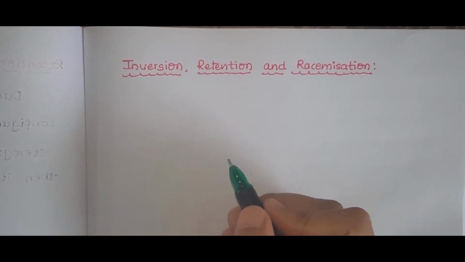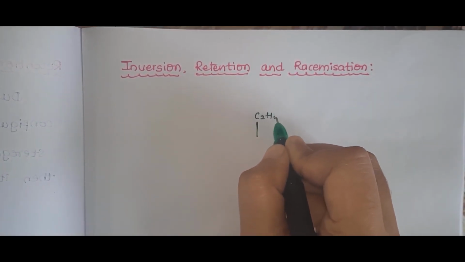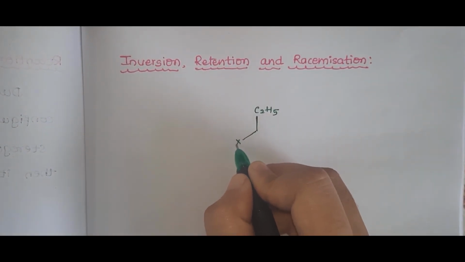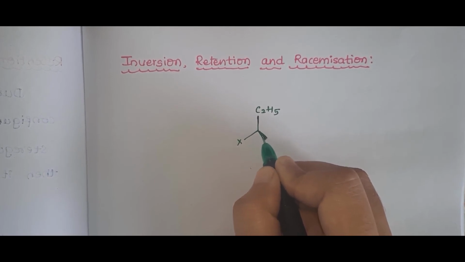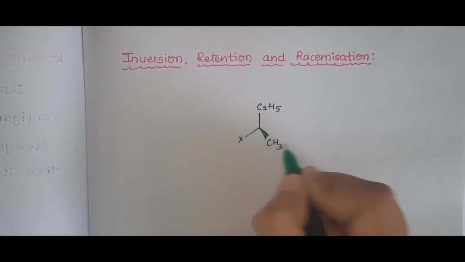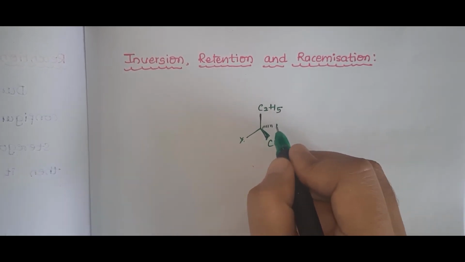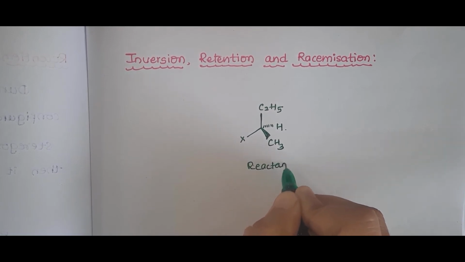So let us consider an example, which is given in your NCERT textbook. A carbon bonded to C2H5, X nucleophile on one side, it is bonded to a methyl group, and on another side it is bonded to a hydrogen atom. So here we will study the nucleophilic substitution reaction.